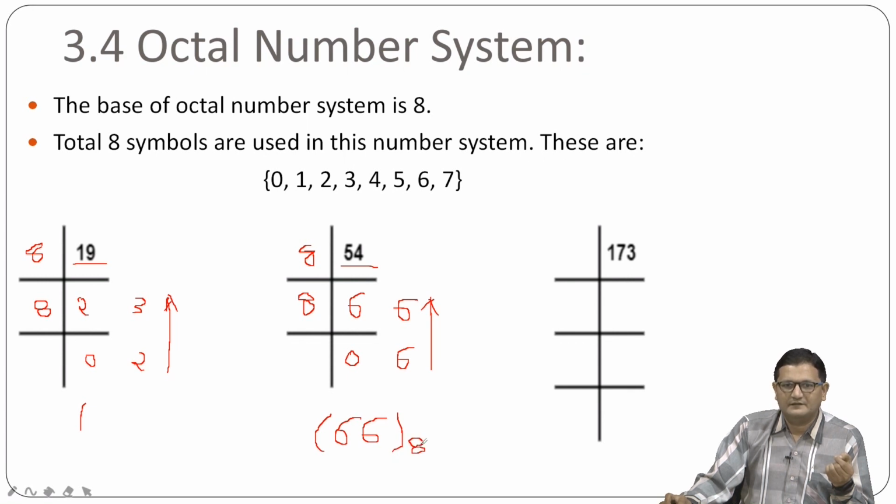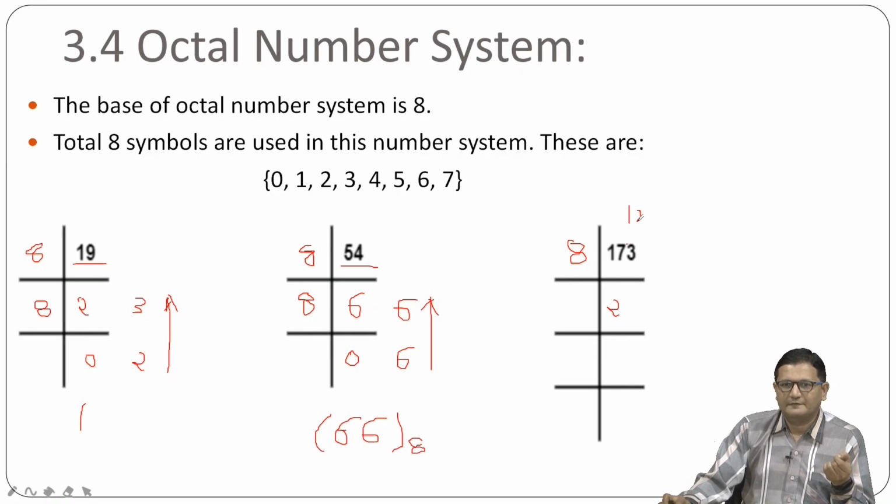Similarly, suppose 173 is given. What you need to do is divide this number 173 by 8. Here 8 twos are 16, so you mention 2. Now one remainder is there, so you consider 1 here, and then 3.